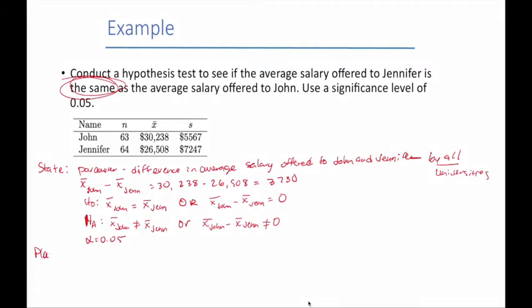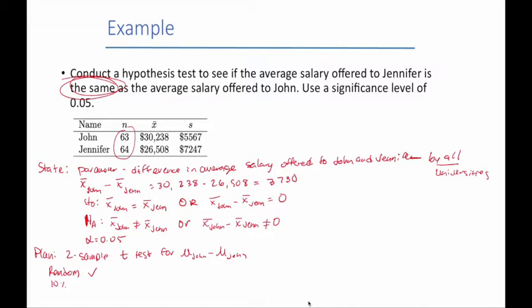Our plan: this is a 2-sample t-test for mu John minus mu Jen. We check our conditions. We're going to assume that it's random. 10%, right? 127 universities is less than 10% of all universities.